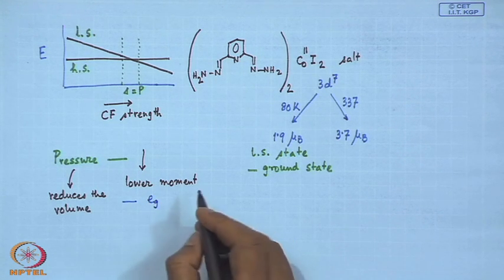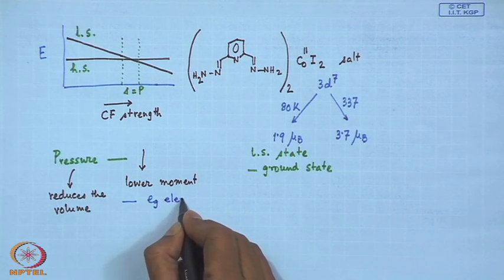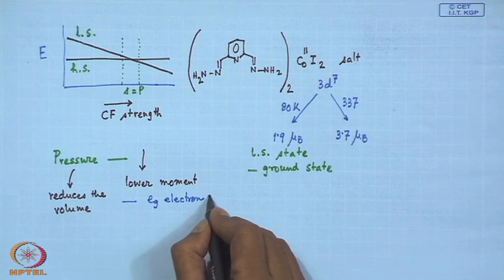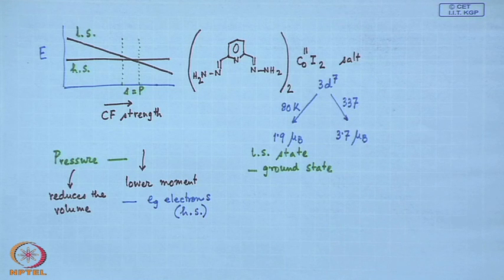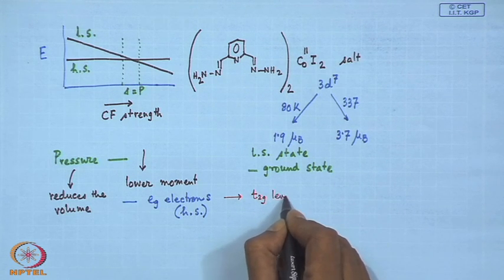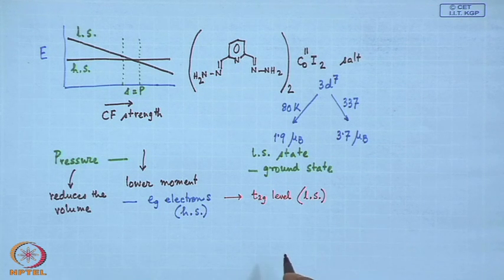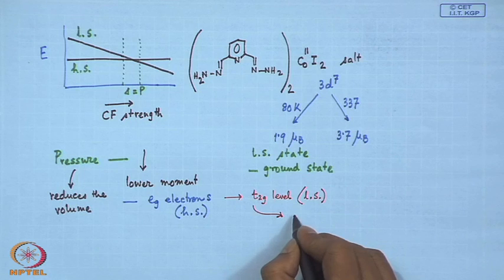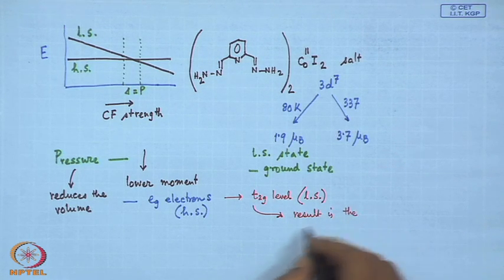As a result, the Eg electrons, which are directly facing the ligands and which are present for the high spin configuration, can move to the T2g level, which is responsible for the low spin configuration, and the result is the corresponding low spin form.